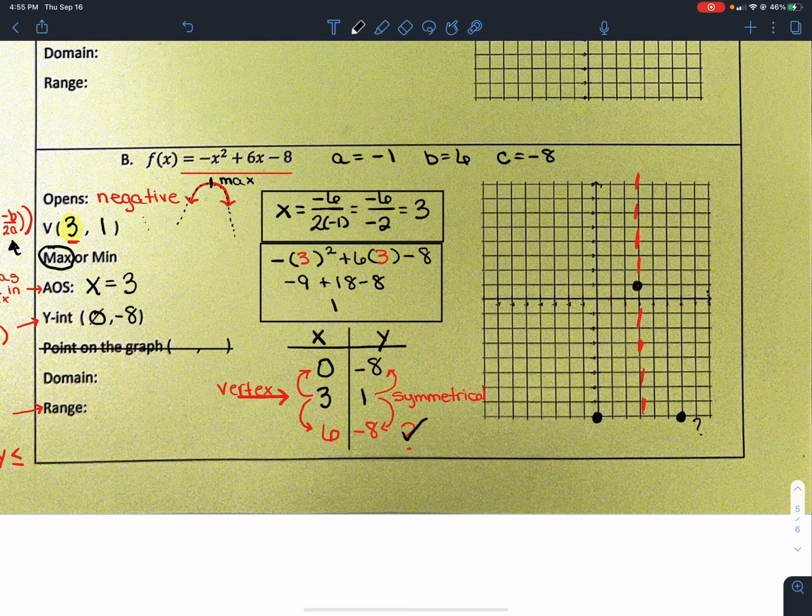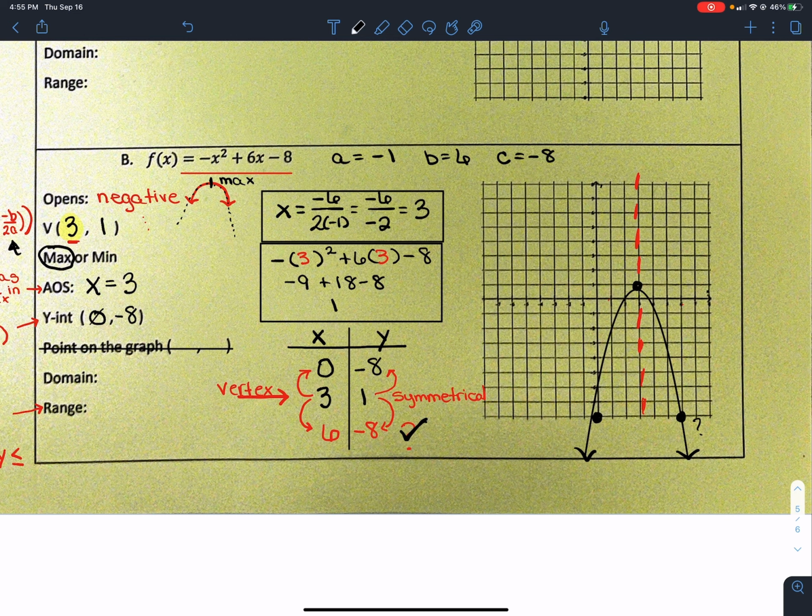Yes, that point actually is at 6, negative 8. Now that I see these 3 points and I can see that it looks like it would open down, I'm going to go ahead and create my parabola. Put an arrow on both ends to show that it does continue on.